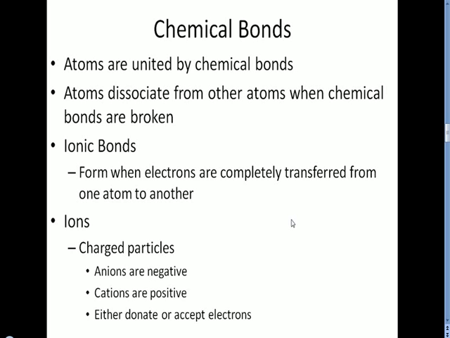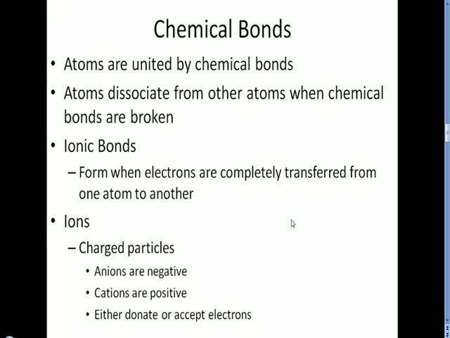One is an ionic bond. In an ionic bond, the atoms have either completely given away an electron or completely stolen an electron. When an atom completely gives away an electron, it gave away something that was negatively charged. So on balance, that atom will be positive, and we call it a cation.